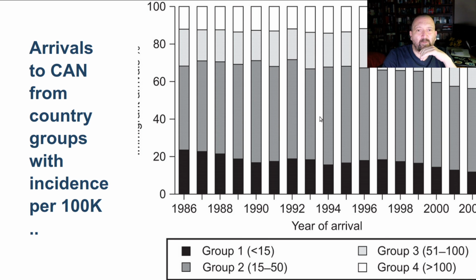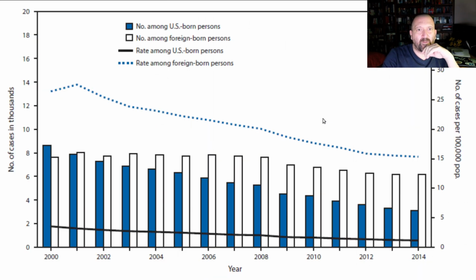And that's quite important because of one thing that has been observed. So this is the US, but the situation is the same in the US. This is showing you the rate of number of cases per 100,000 among US-born people. And this is the black line here, which goes down to something like 2.5 per 100,000 per year.